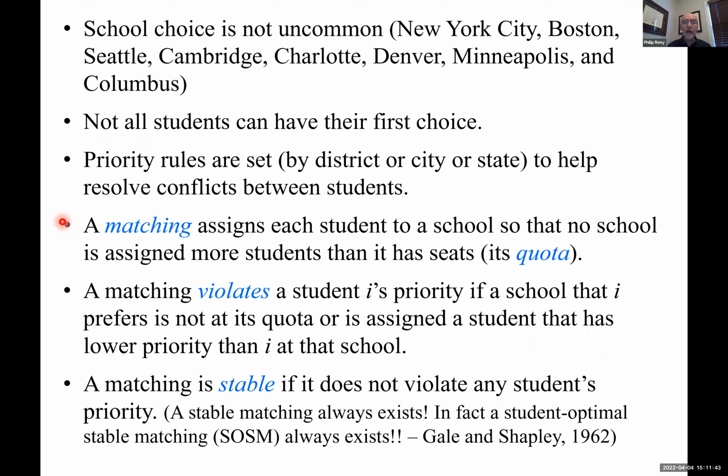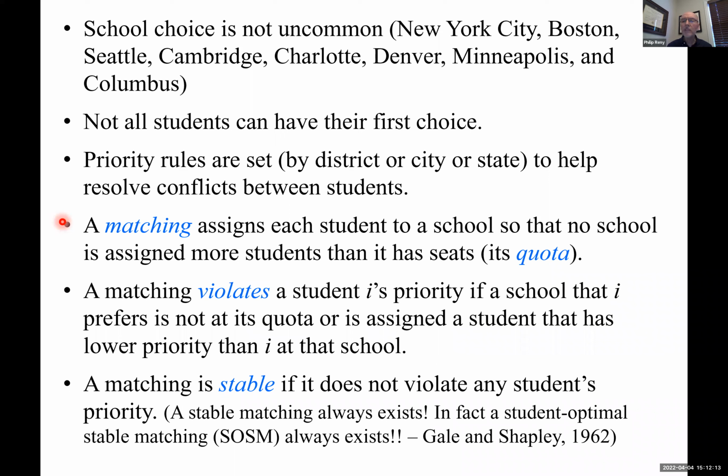A matching violates a student's priority, say student i's priority, if a school that i prefers to the one she's matched to has an empty seat, so is not at its quota, or if that school that student i prefers is assigned a student that has lower priority than student i at that school.